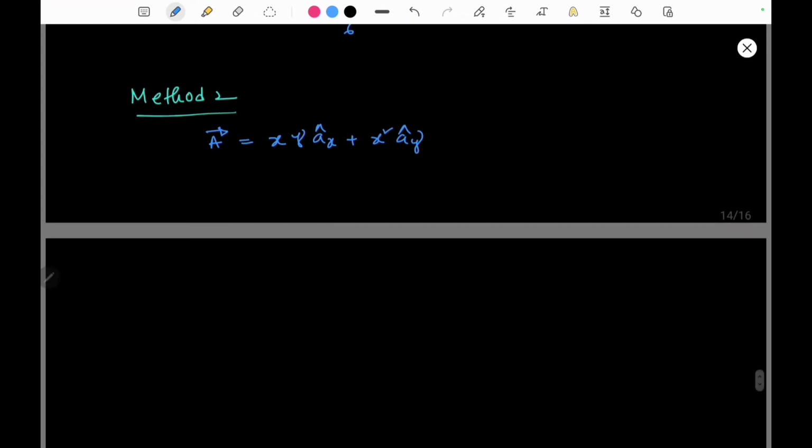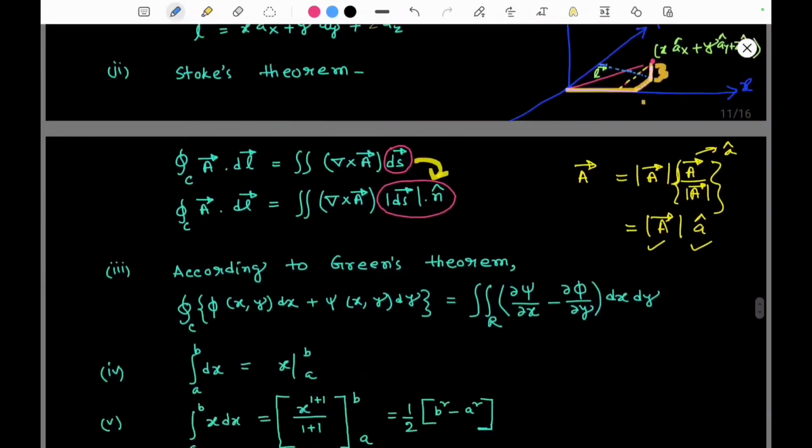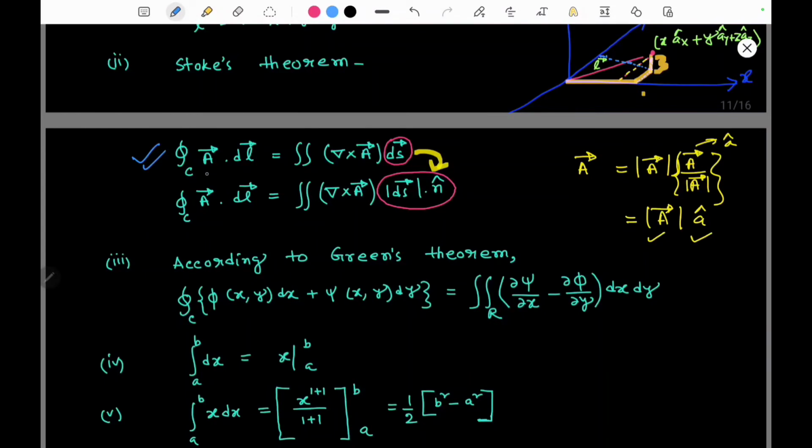Now from Stokes theorem we know that close integration C A vector dot dl vector equal to double integration del cross A vector ds vector. This we have written earlier. Before solving the question, you can see also here. So close integration a vector dot dl vector equal to double integration del cross a vector ds vector. This also we can represent like that. So we are copying this part.